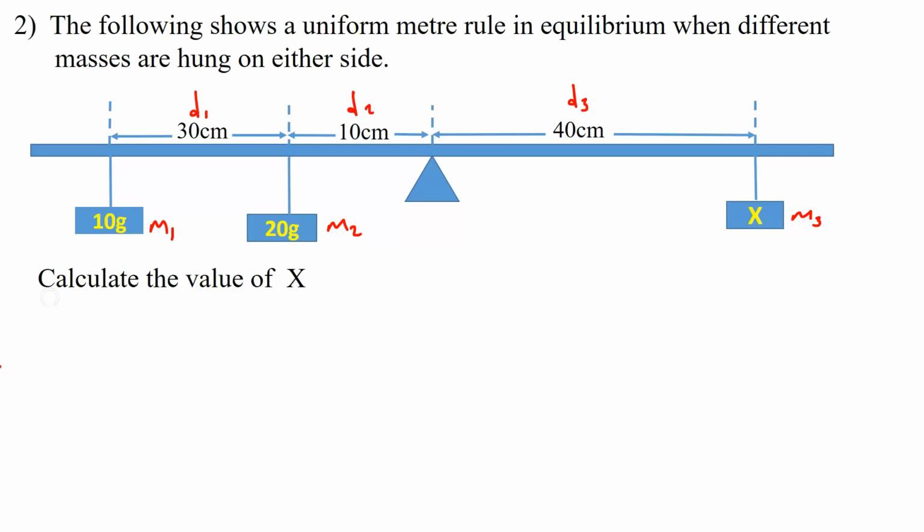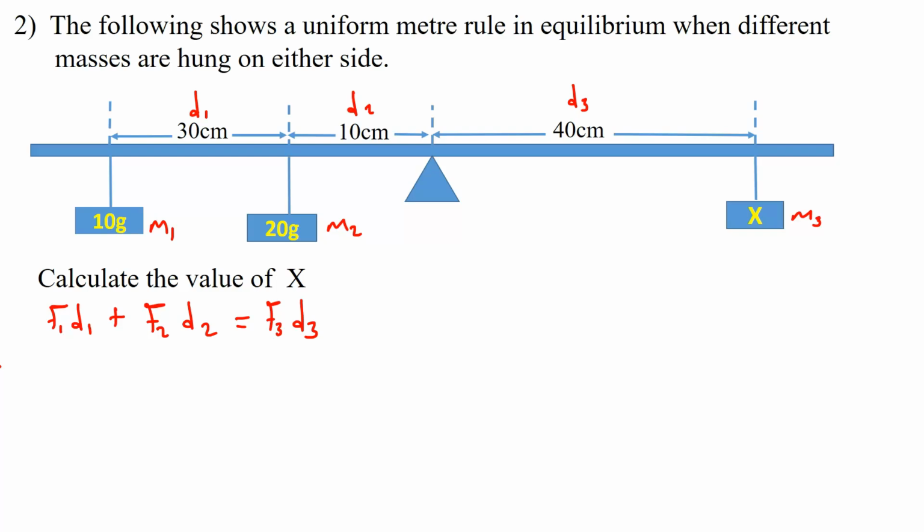We can say F1 D1 plus F2 D2 are equal to F3 D3.